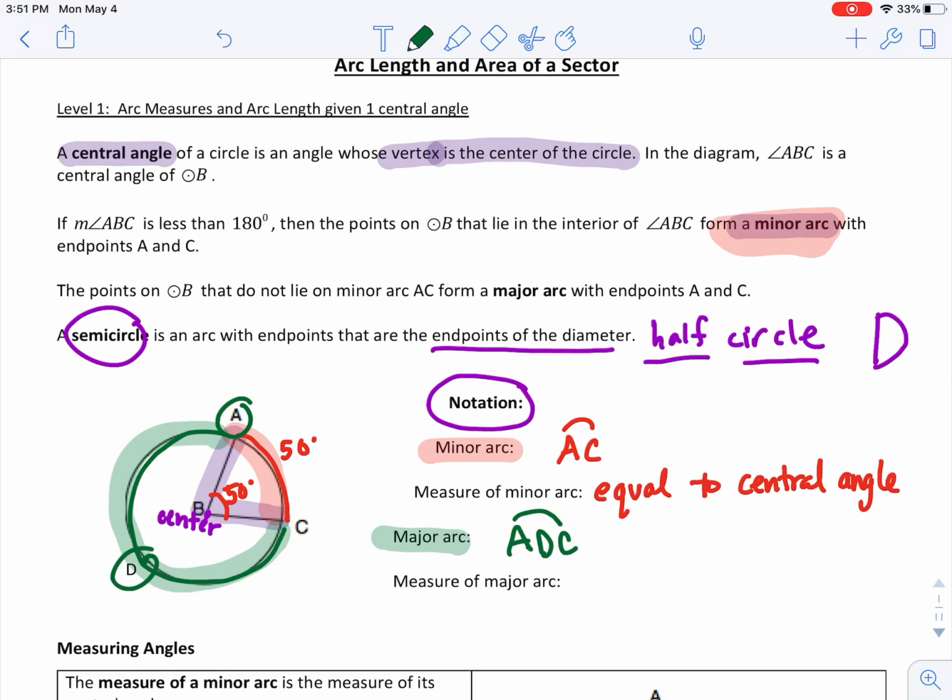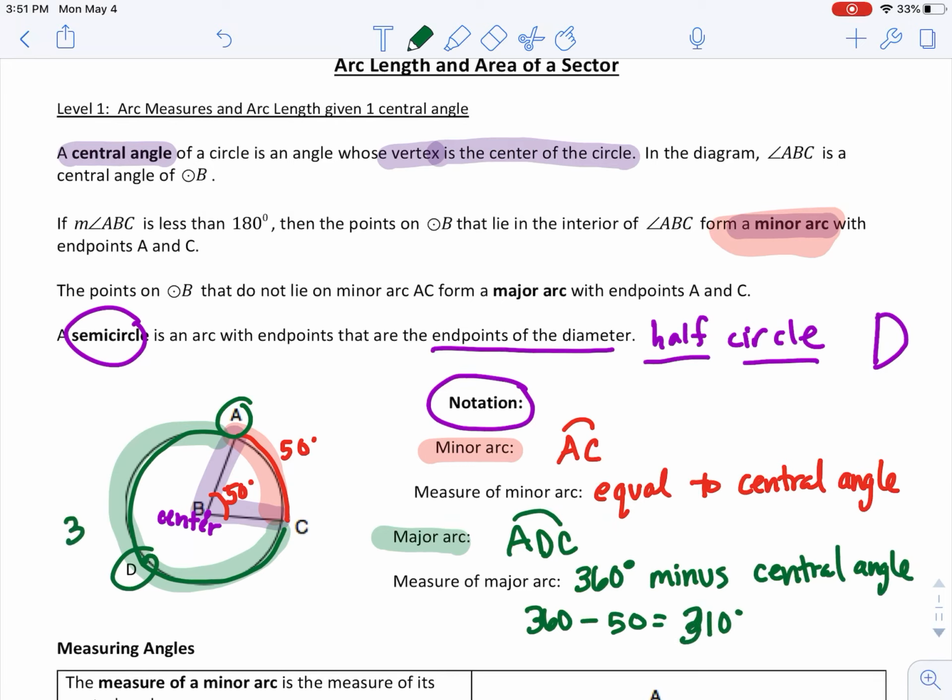The measure of that major arc is 360 degrees, because that's how much is total in a whole circle, minus the central angle. So for this example, if that central angle is 50, we would do 360 minus 50, and we get 310. So this over here would be 310 degrees. So that the total circle would equal 360.